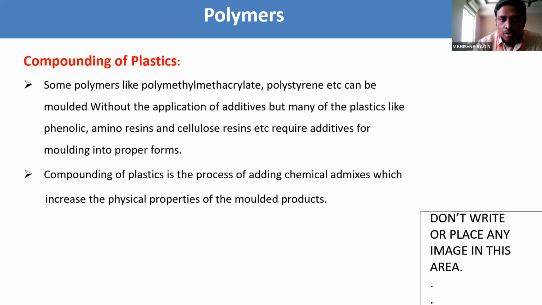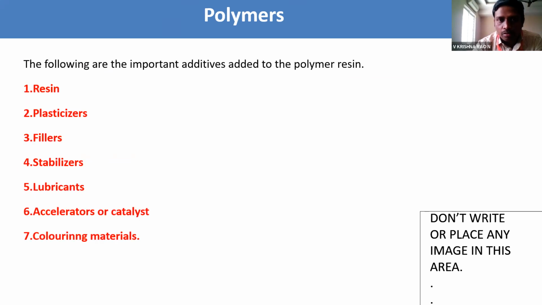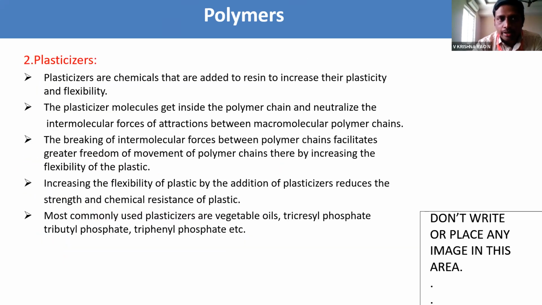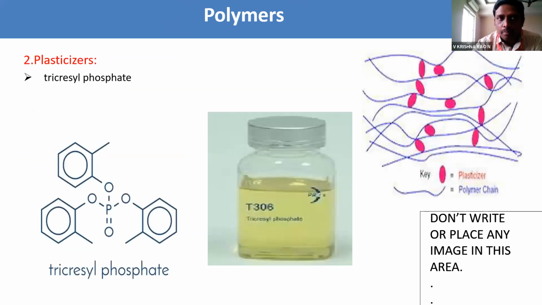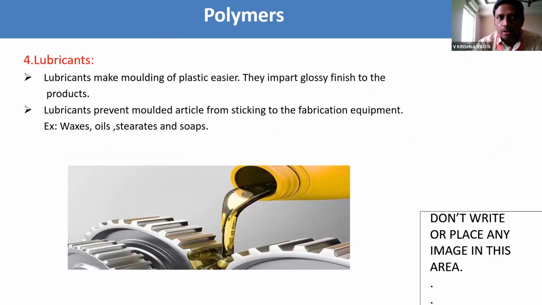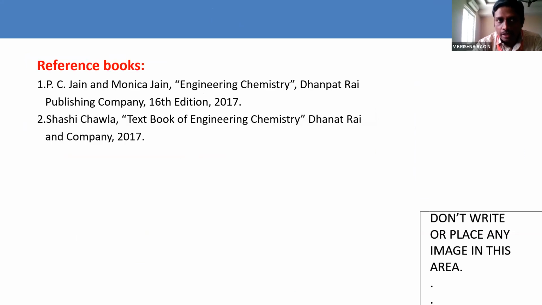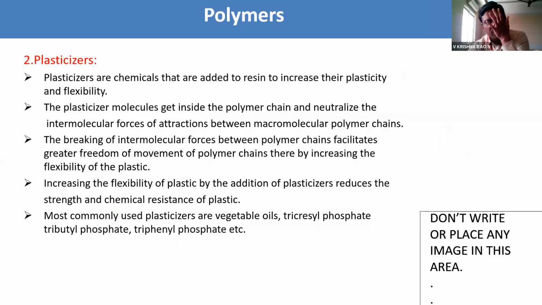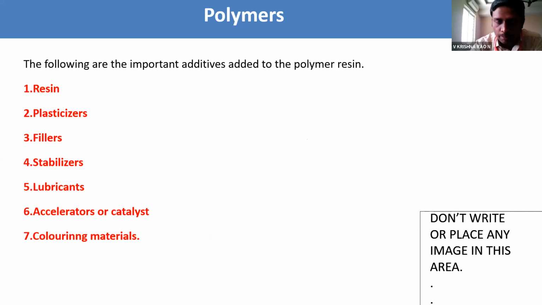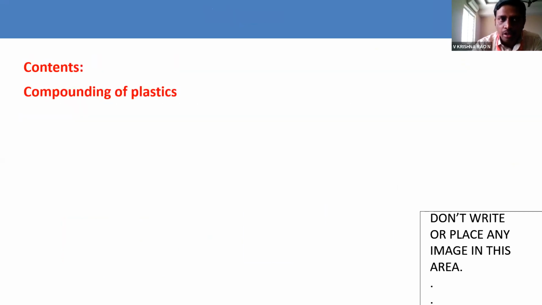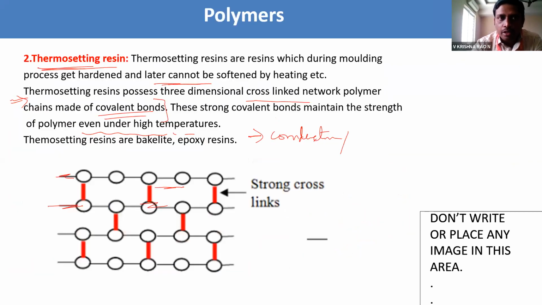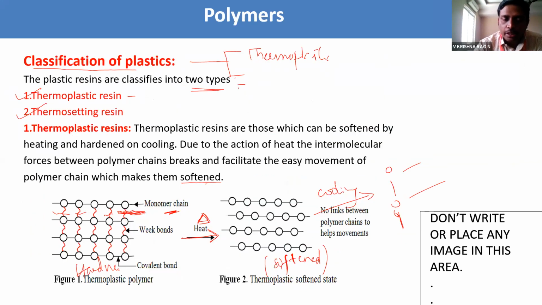Additives are nothing but chemicals required for compounding of plastics: resins, plasticizers, fillers, lubricants, catalysts, stabilizers, colorants. We add them to make the desired shape of the resin. This is the difference between thermoplastic resins and thermosetting plastics.